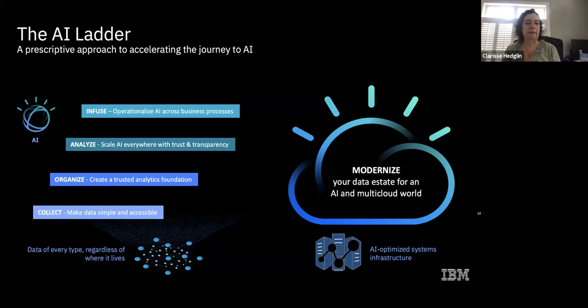So this is mostly about model training and development and making sure that you're set up to get to the final step, which is infusing your AI into your applications, into your business processes, and operationalizing it across your whole organization.